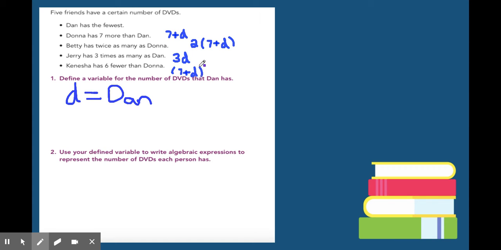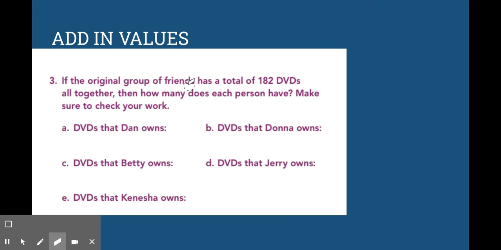And the way we make sure she has 6 fewer than that is we subtract 6 from 7 plus D. So that's what we had from our last part. Hopefully you have the expressions that we just wrote down on the last slide written down on a piece of paper or something on the side. If you don't, make sure you get those written down.